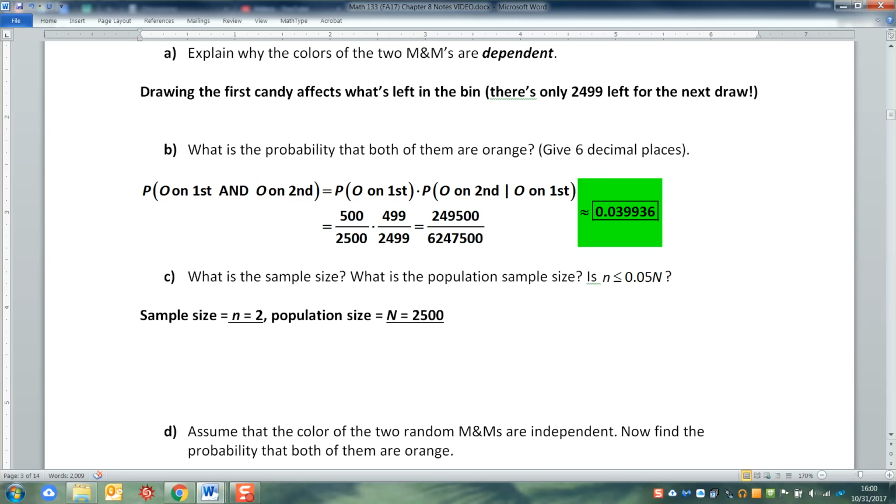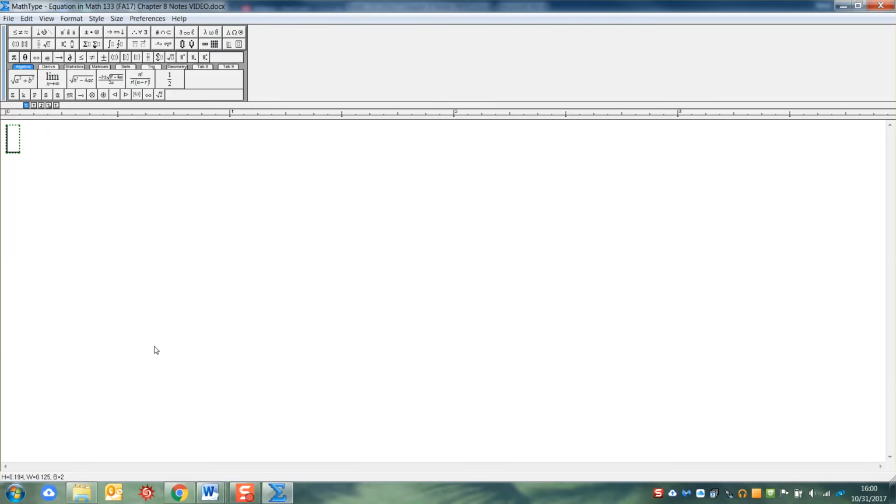So now let's check little n against 0.05 capital N. Is little n less than or equal to 0.05 capital N? That's what we're asking.